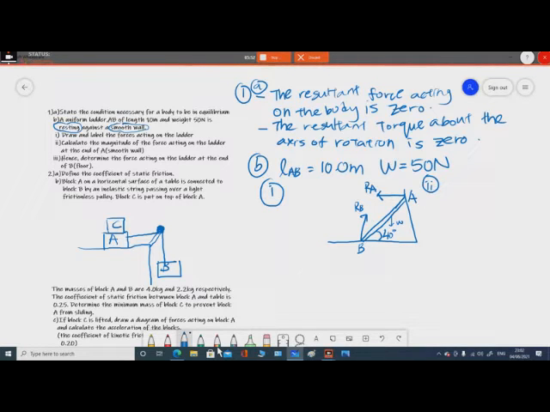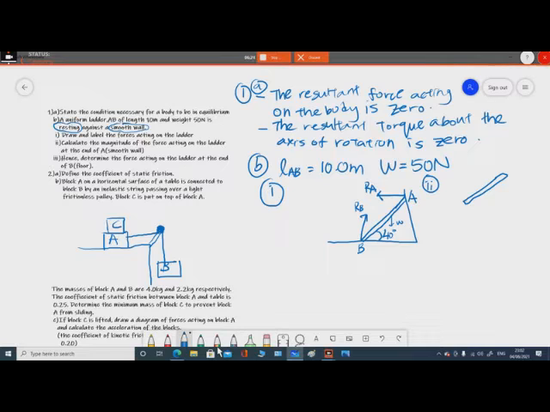Okay, so the question asks for the normal reaction A. Since there is no information about point B and RB, we can take this B as a pivot. Okay, so let me draw another diagram. So let's say this is my ladder here.